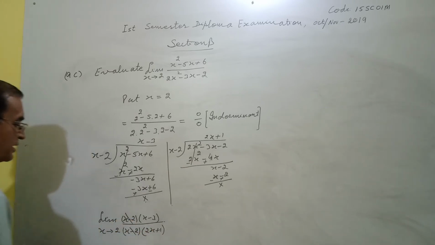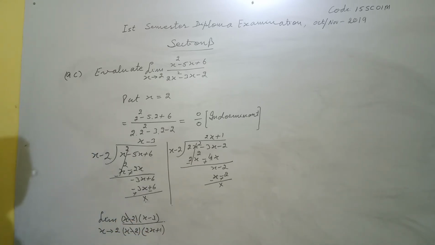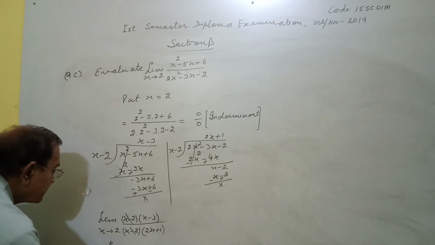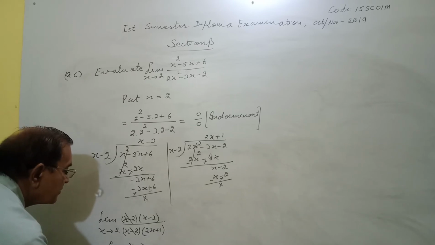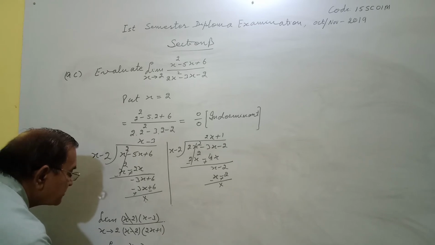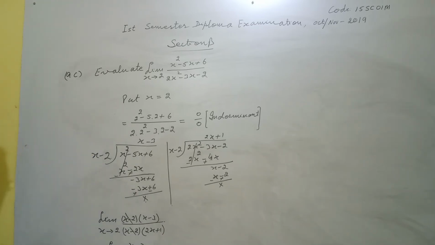So this is what we can cancel. So we are getting limit x approaches 2 of x minus 3 over 2x plus 1. This is what we will get.